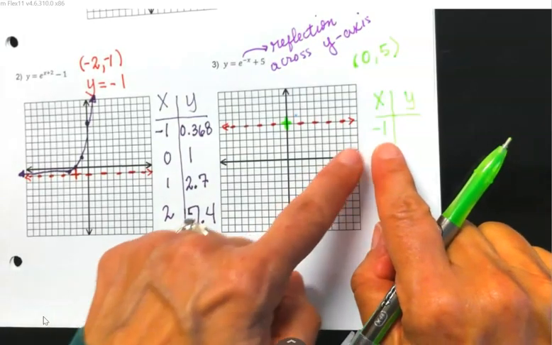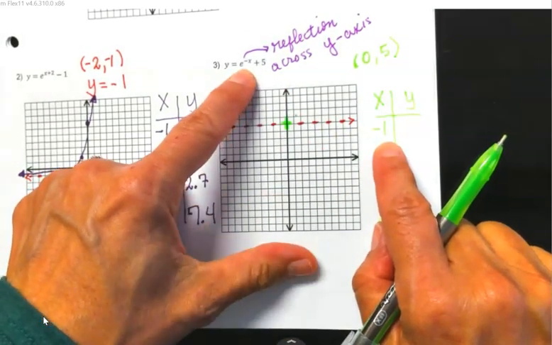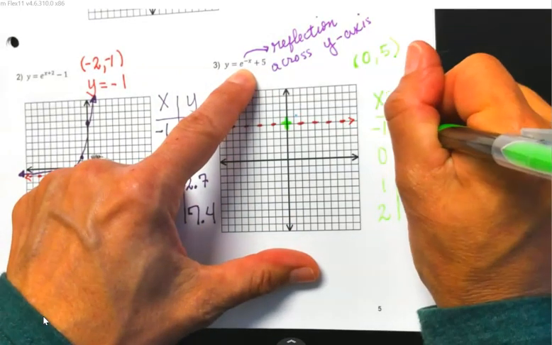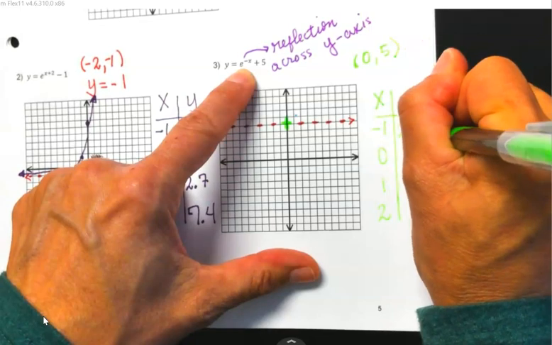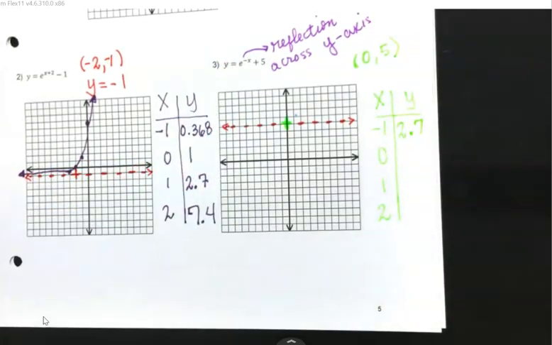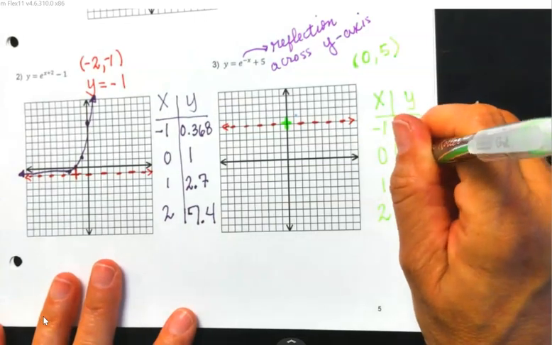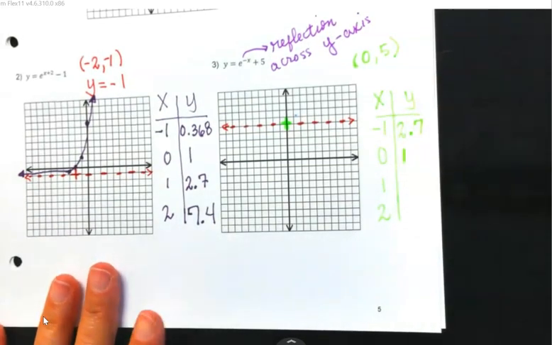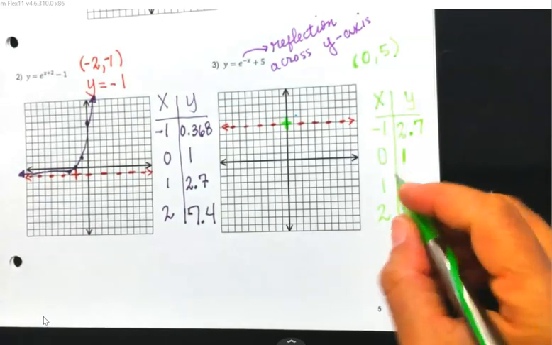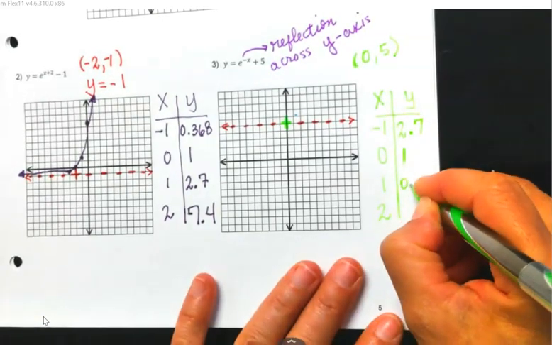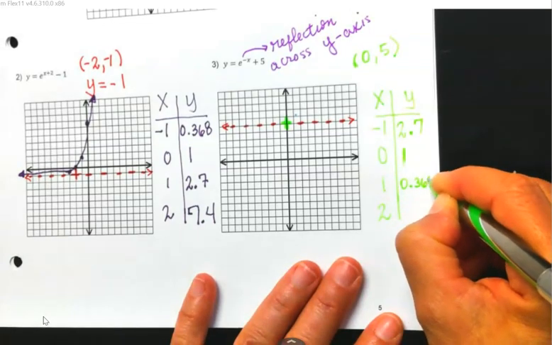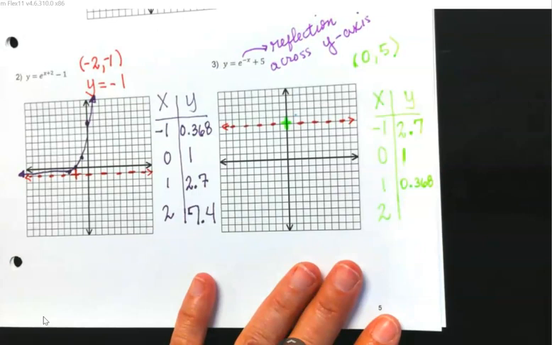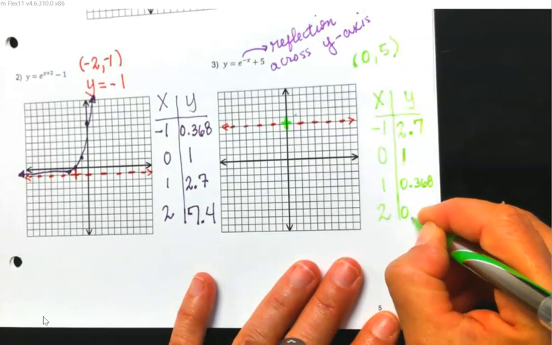All right, look, when we plug in a -1, there's already a negative there, so it changes to e to the +1, so we're going to have 2.7 right here. 0 always gives you an output of 1. Now look, when we plug in 1, it turns negative. So over here is where you're going to write 0.368. For 2, remember it is going to be 1 over e squared, which is 1 over 7.4, and this is going to be 0.16.